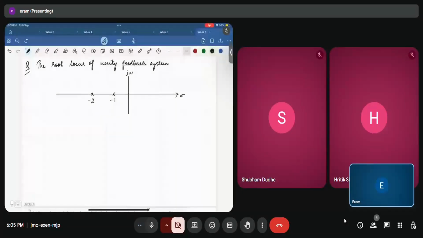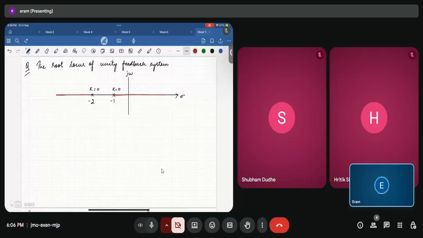This denotes k equals to 0 point. So the root locus is like this. So in this problem, what will be the closed loop transfer function? Find out the closed loop transfer function.